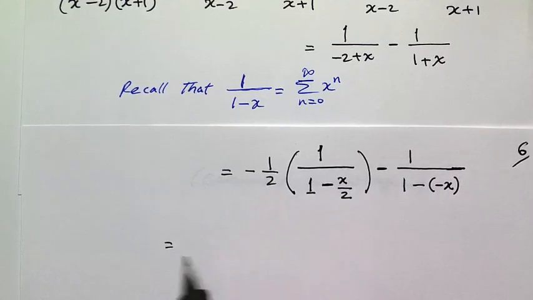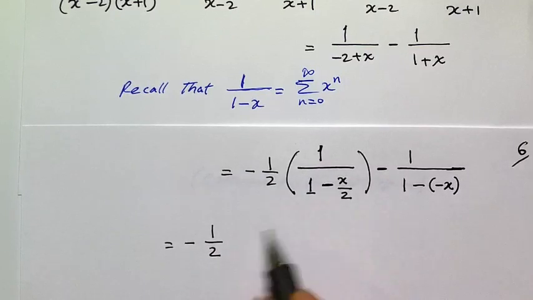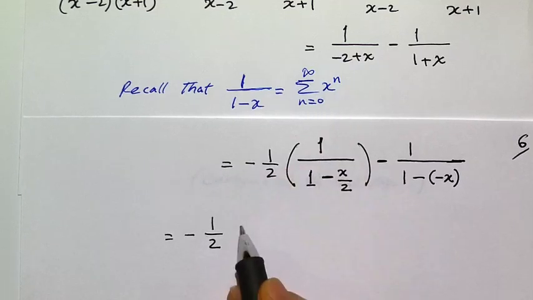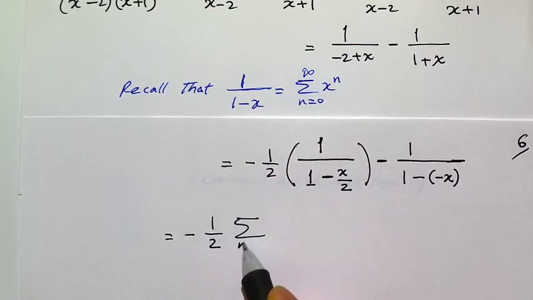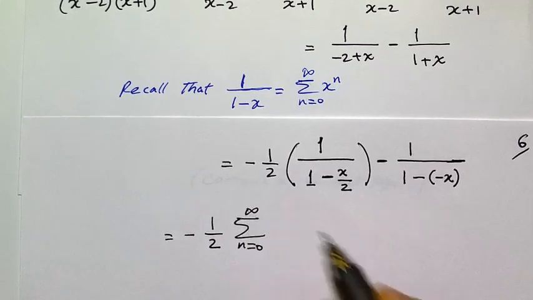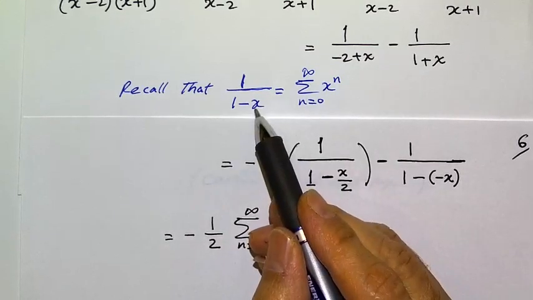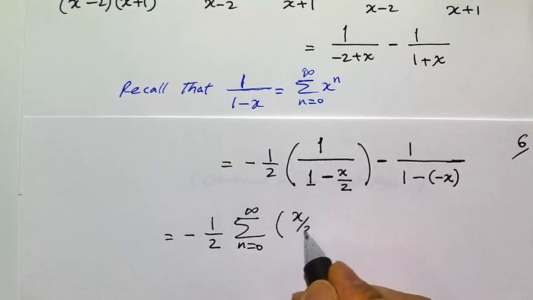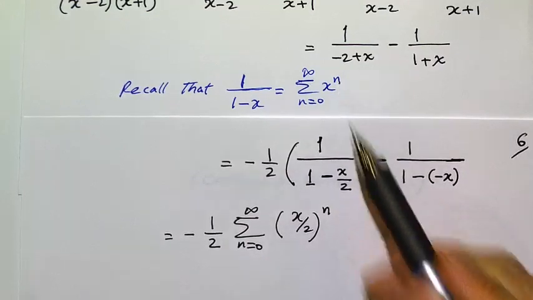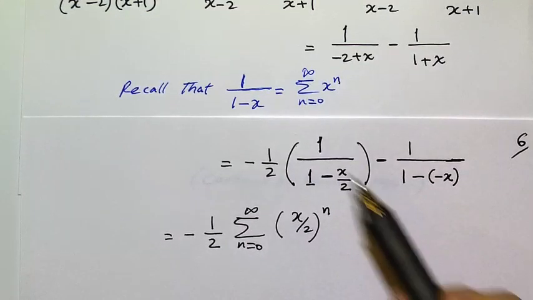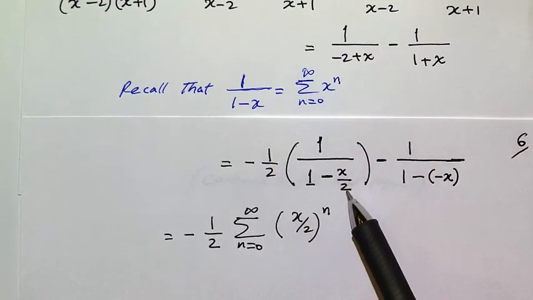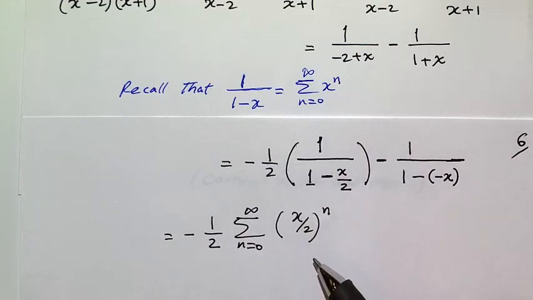So here we have the factor in front, minus 1/2 times the power series going from n equals 0 to infinity. Now instead of x, we have x over 2. So x over 2 to n power instead of x to n power.